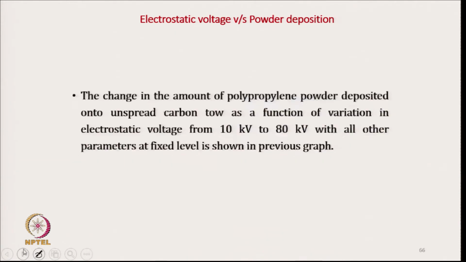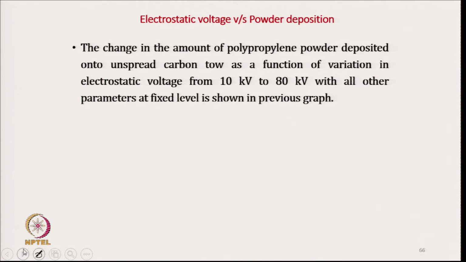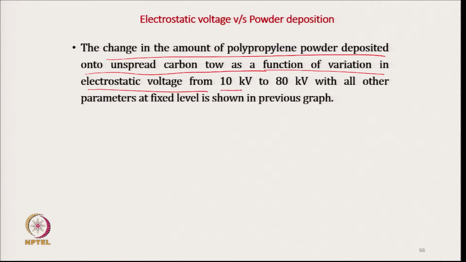The reason behind this is the change in the amount of polypropylene powder deposited onto the unsprayed carbon toe as a function of variation in electrostatic voltage from 10 to 80 kilovolt, when other parameters were kept constant.